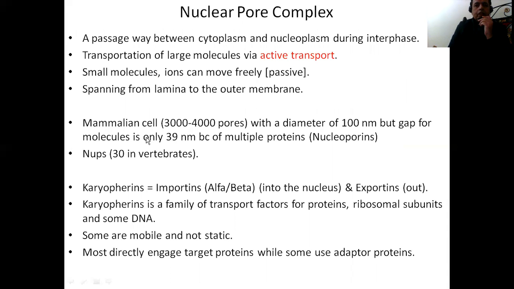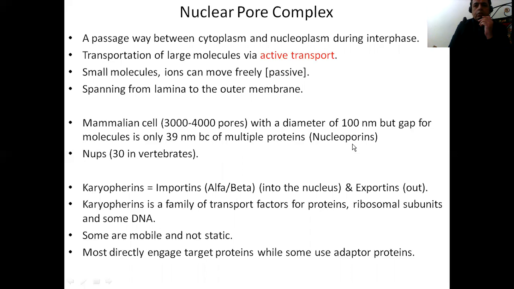If you look at the number of pores in mammalian cells, there may be 3,000 to 4,000 pores in a mammalian cell. And these are tiny holes. These pores are tiny holes made up of protein molecules which come together. And the diameter of a typical pore is about 100 nanometer, but the gap for a molecule is only 39 nanometer because of multiple proteins.